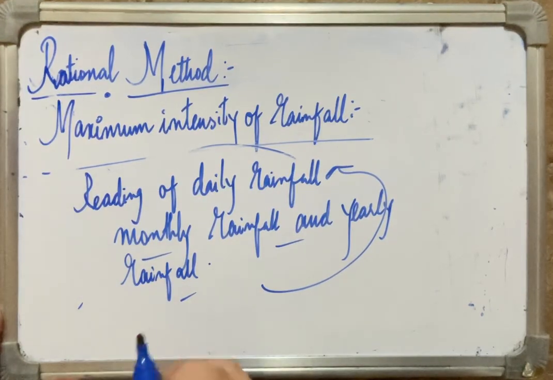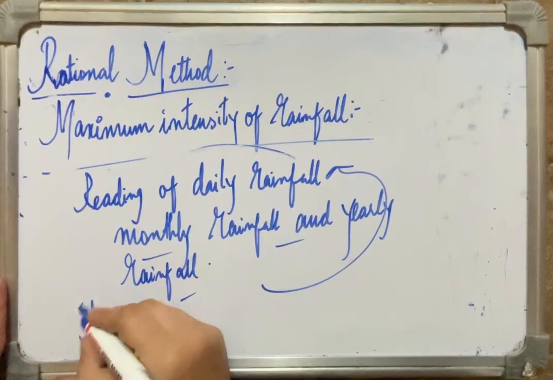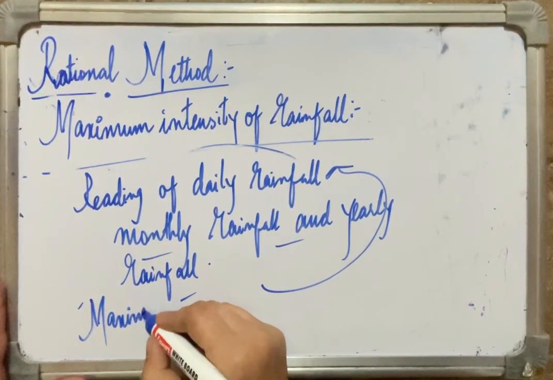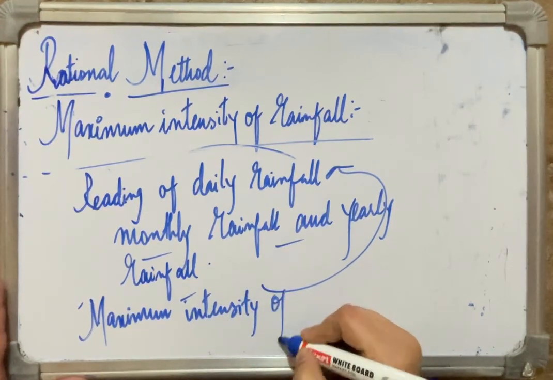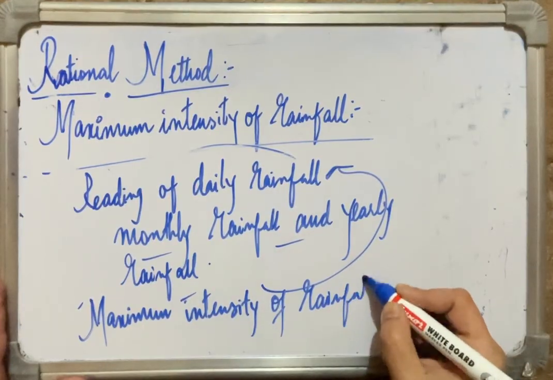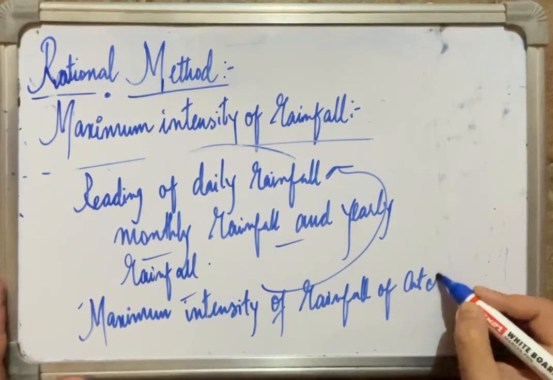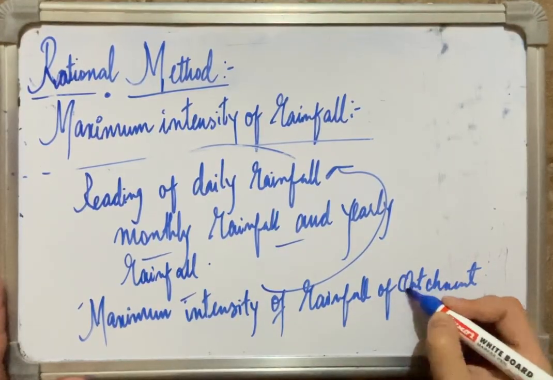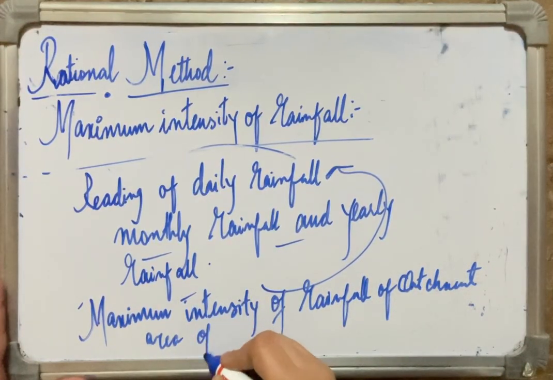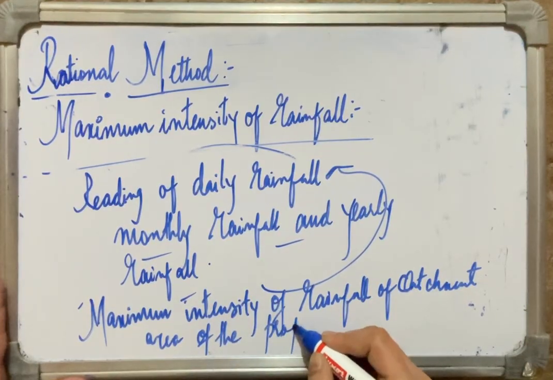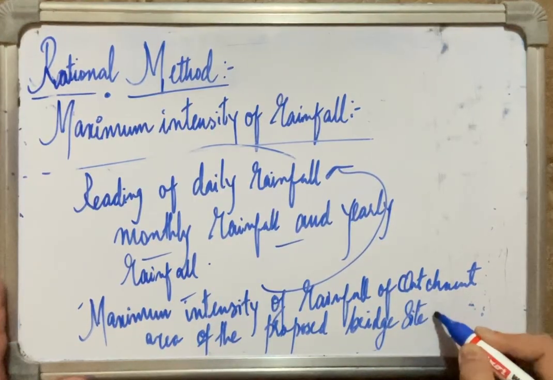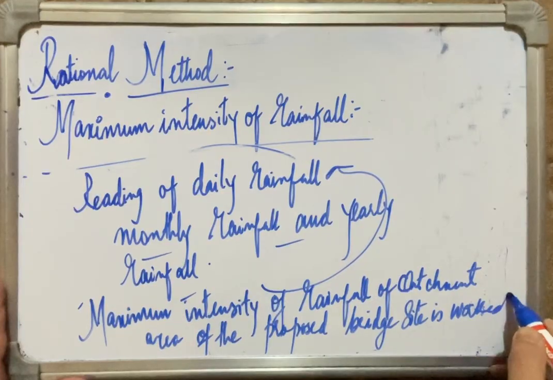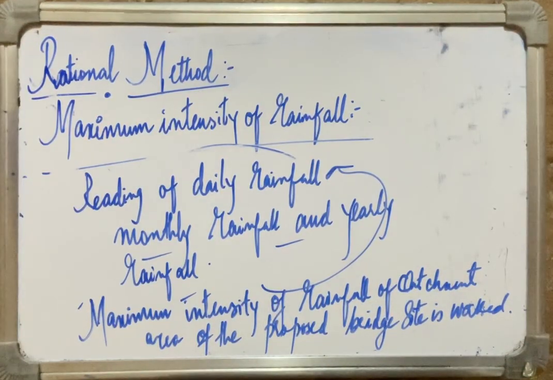So from these records of rainfall, the daily, the monthly, the yearly, the maximum intensity of rainfall of the catchment area of the proposed bridge site is worked out. All right. So that is how we assess the maximum intensity of the rainfall of a particular catchment.